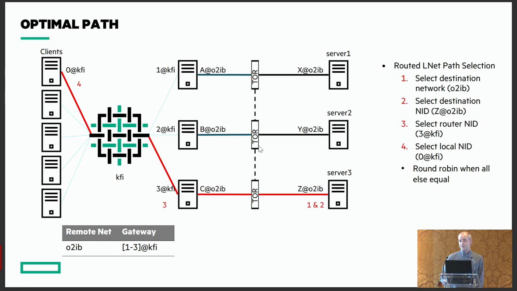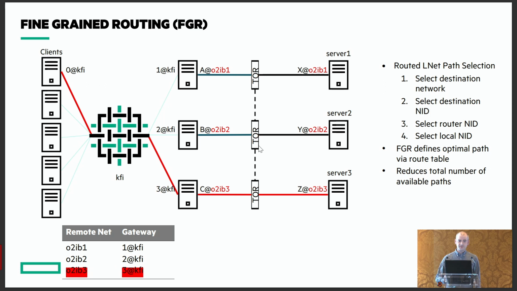But if we are sending another message to the server and we get to step 3 and we round robin, now we select the top router, and now we've got to traverse these inter-switch links through the network to reach our destination. So this introduces latency, and it's actually what LNet fine-grained routing was invented to solve.